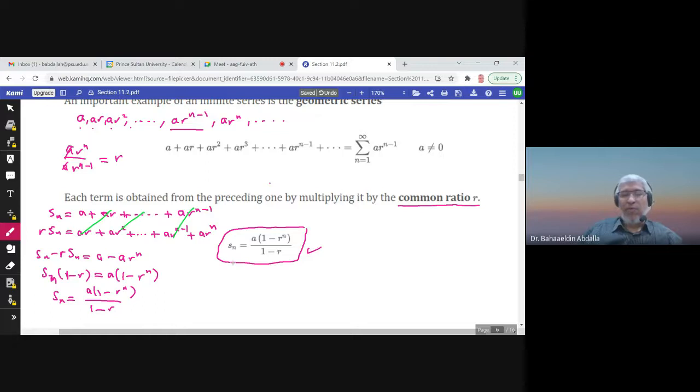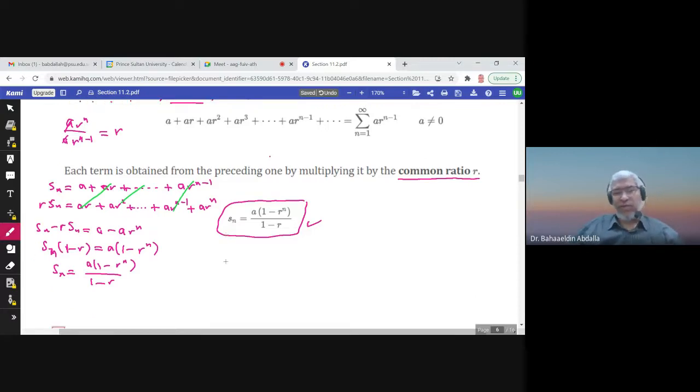And now we want to find out whether the series is convergent or divergent, so we find the limit of S_n. When we try to find the limit of S_n when n goes to infinity, we will need to find the limit of r^n when n goes to infinity.